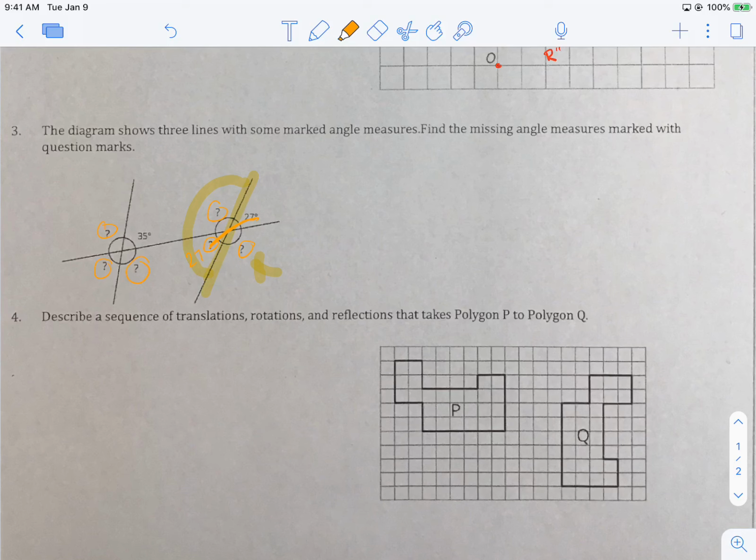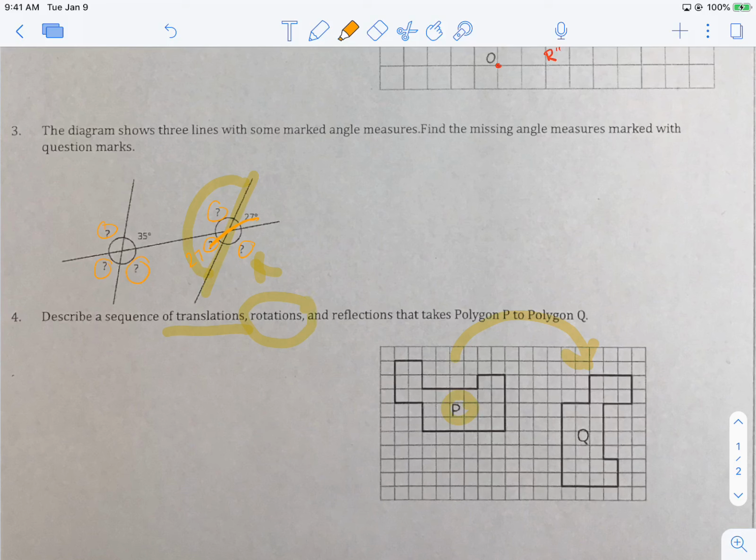All right, number 4 is describe a sequence of translations, rotations, and reflections that take polygon P to Q. So this is where it pulls back in your knowledge of rotations, reflections, and translations. Remember, with translations, we are going left or right. That's our X moves. Up and down are our Y moves, and we've got to say what we're doing, if it's positive or negative.